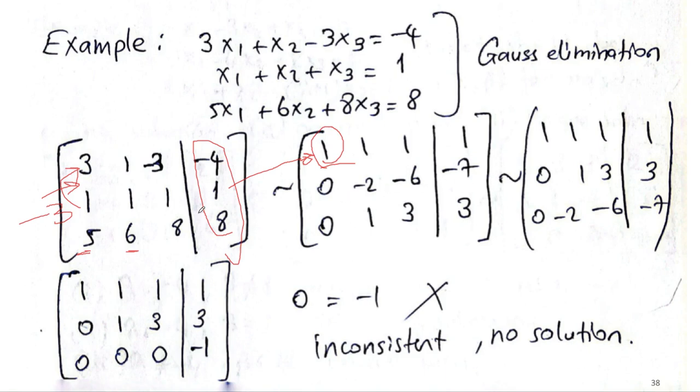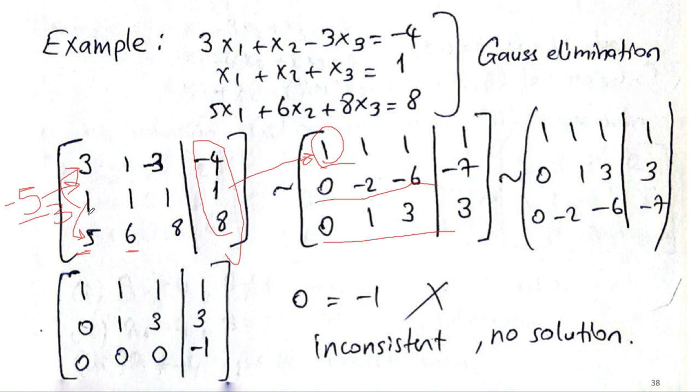So what we obtain is the first row goes to the second one after the addition, and for the third row we can multiply the second row by -5 and then add to the third one. Again, this will be 0, 1, 3, and 3. So this is the third row that comes here after this row operation.